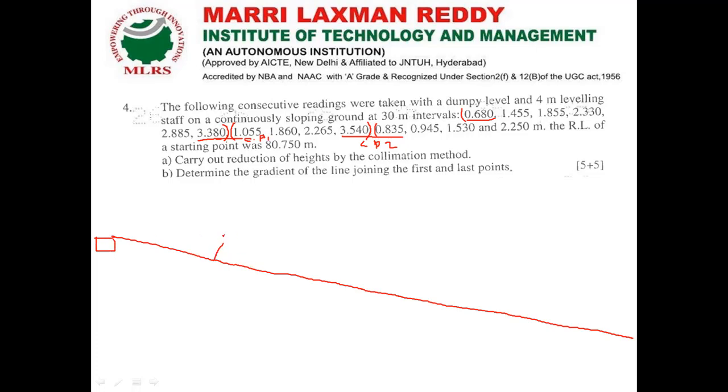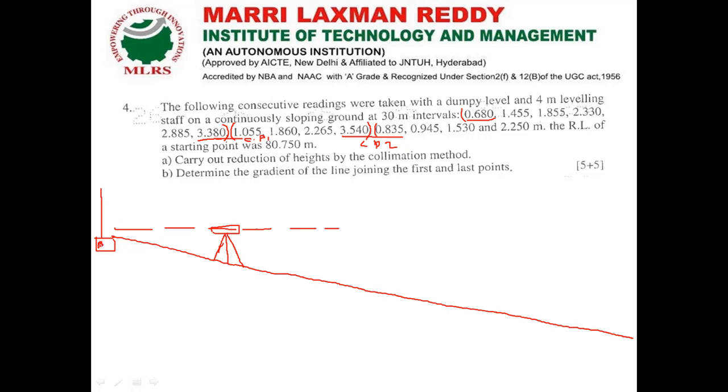Okay, so this is our instrument position, and they have done all the initial adjustments like setting up, leveling up, and elimination of parallax. After that they can keep the leveling staff at the benchmark place.